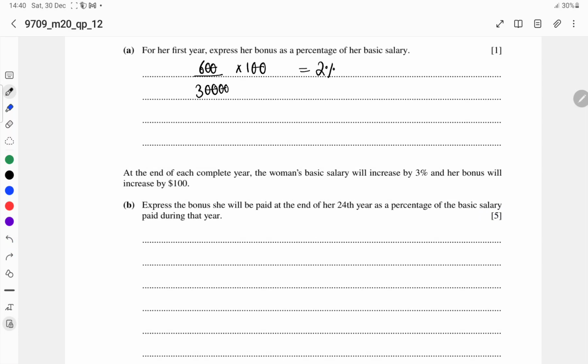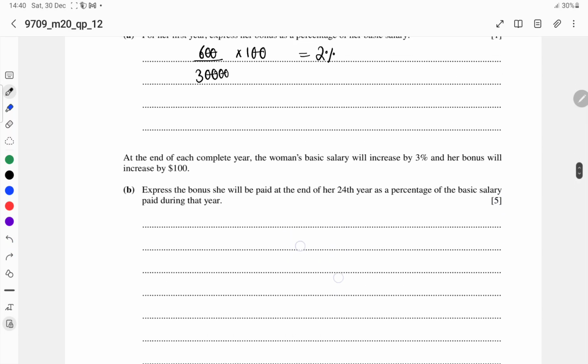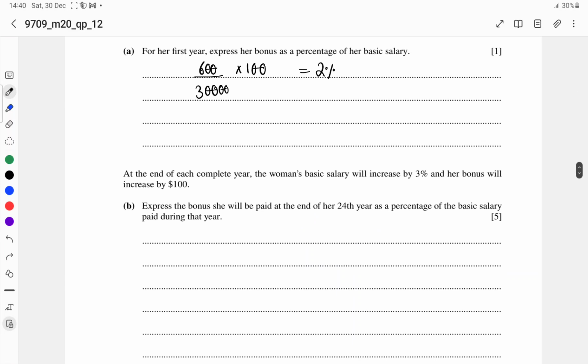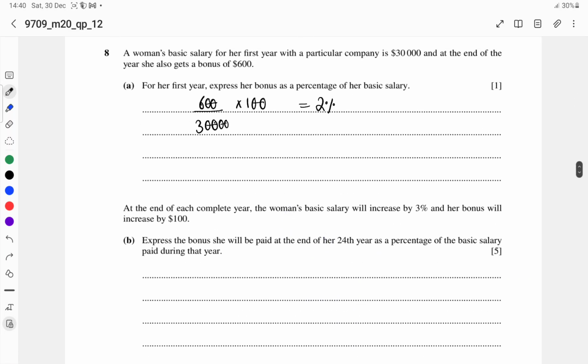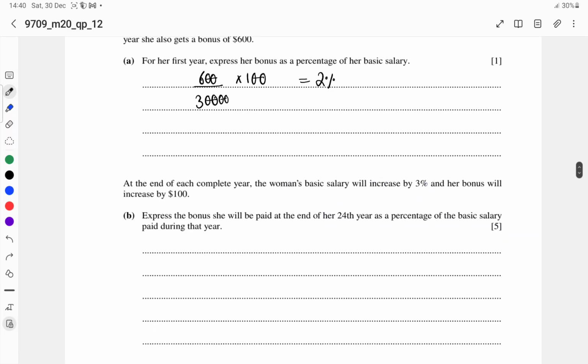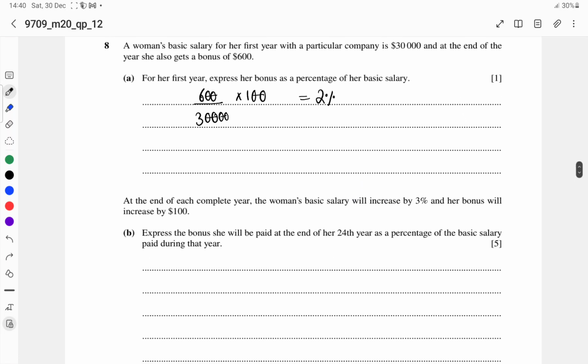So we need to find the percentage, right? The question is asking us to find three things: the basic salary at the 24th year, the bonus at the end of the 24th year, and then the percentage.